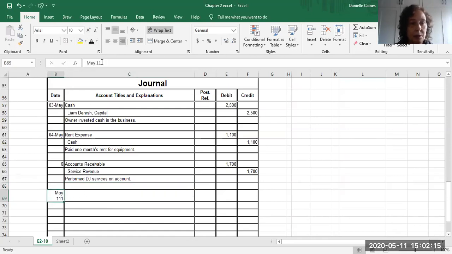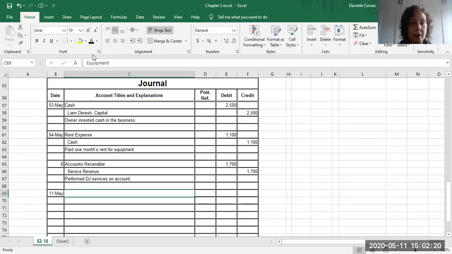We're debiting our equipment, crediting cash for $600, and our explanation: we purchased equipment for cash.